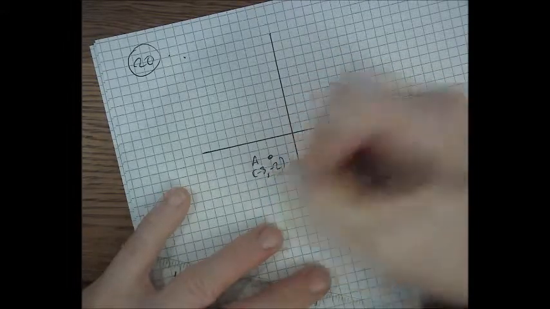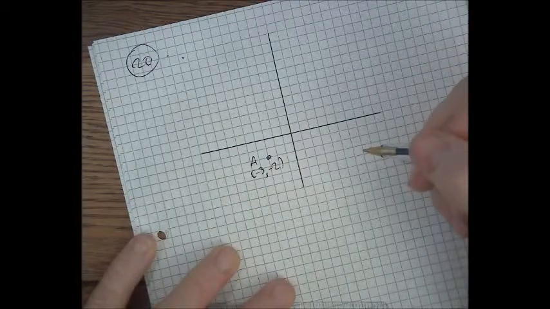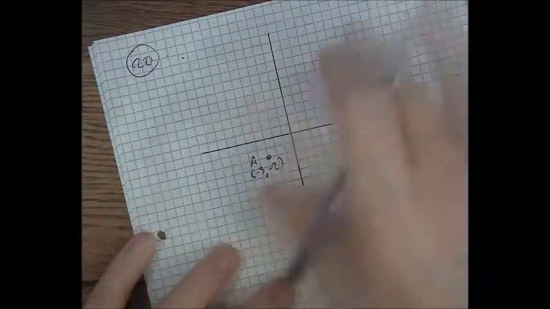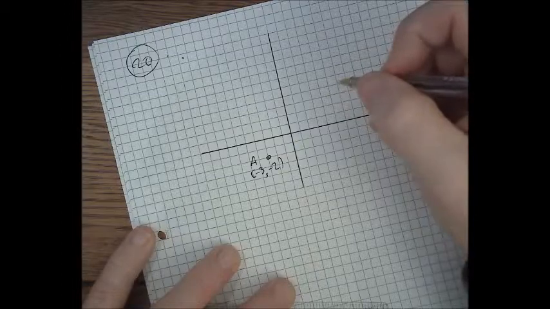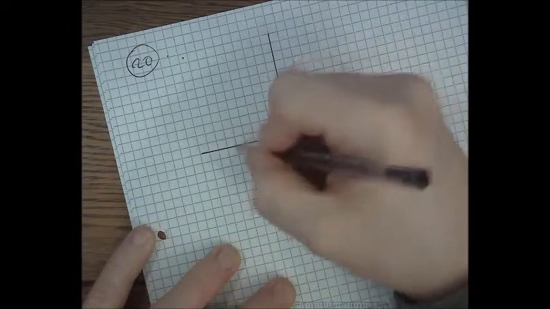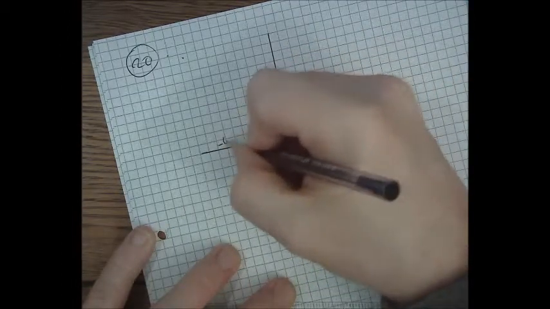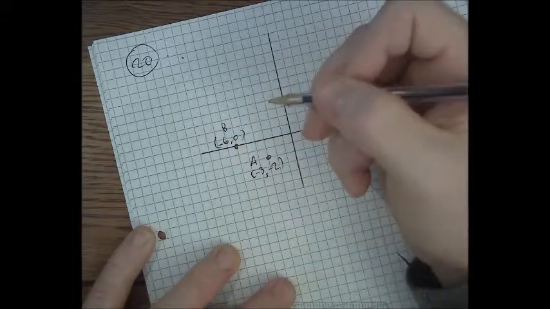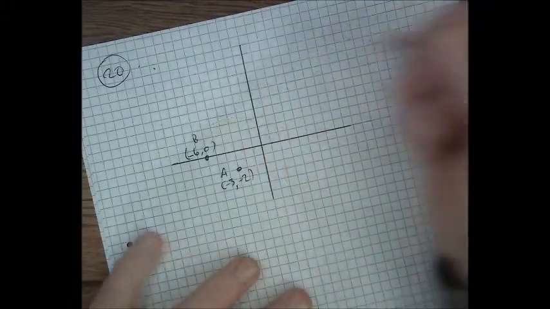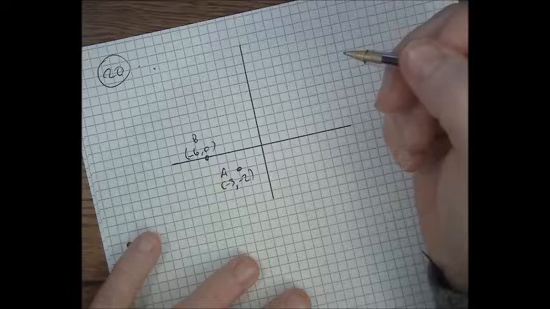Trying to have as much information on the diagram as possible so I can look at it as a central location of all of my information. Negative 6, comma 0 is B, and C is the mystery P, Q.